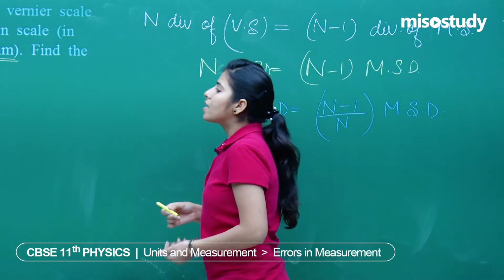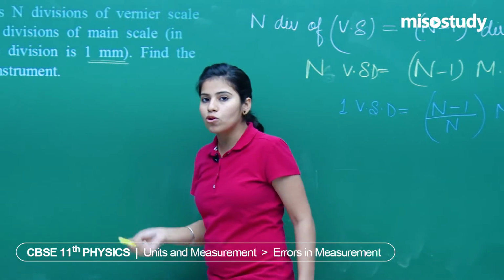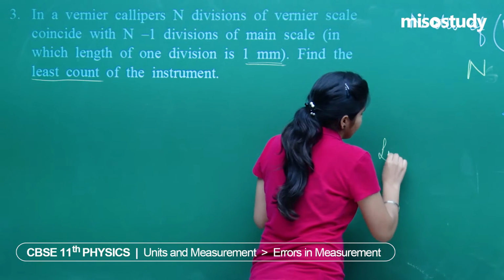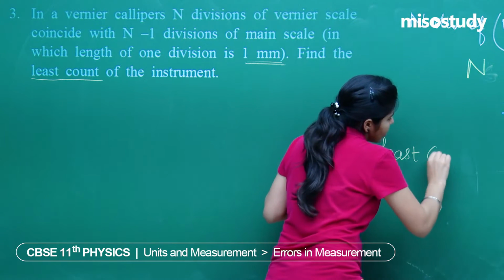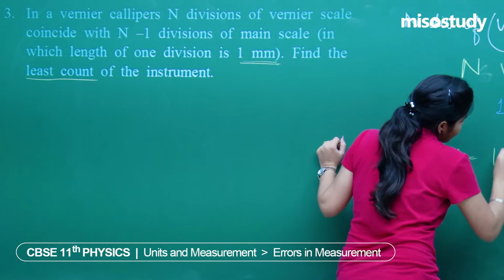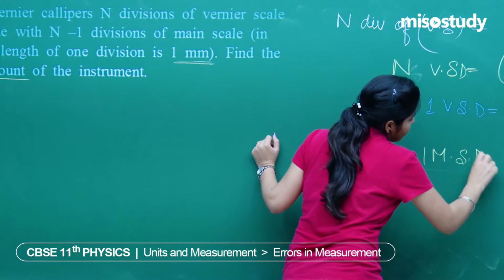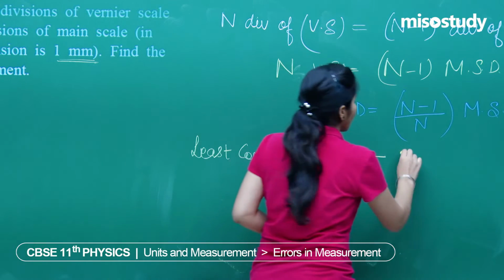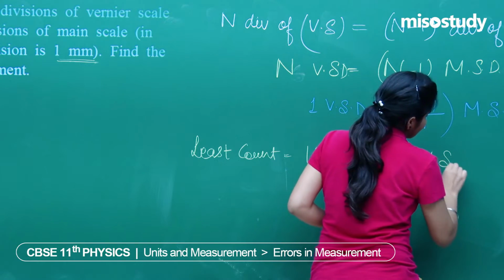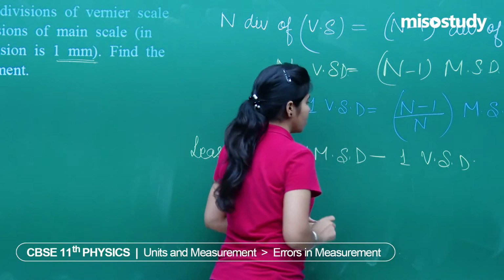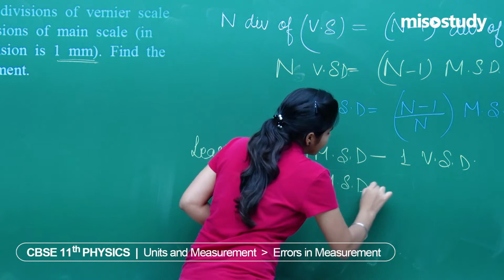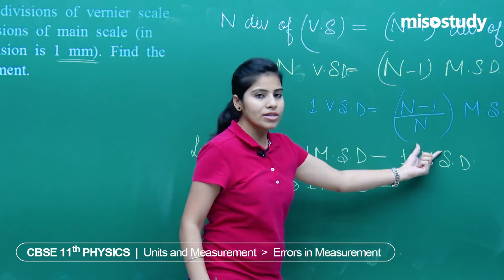Now, because they are asking to find the least count of the instrument, we know the least count of the vernier caliper is nothing but 1 MSD, that means 1 main scale division, minus 1 VSD, that means vernier scale division. We have the value of 1 vernier scale division, that is n minus 1 upon n.